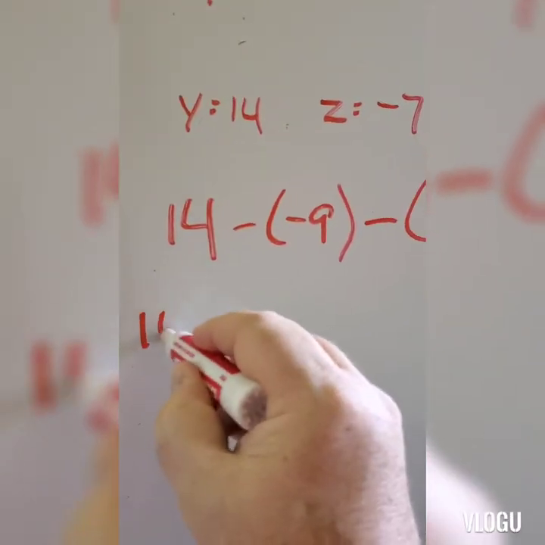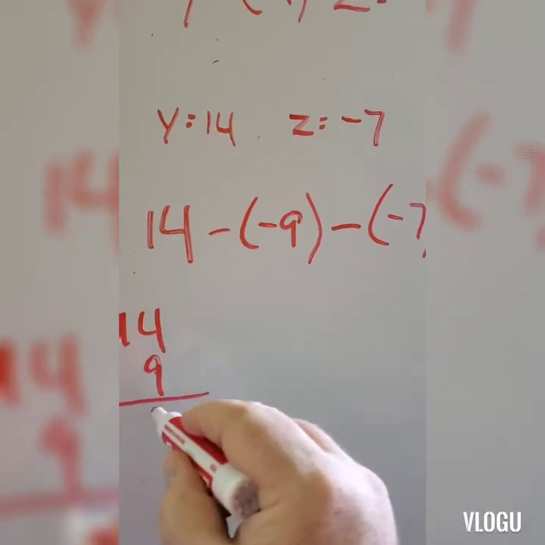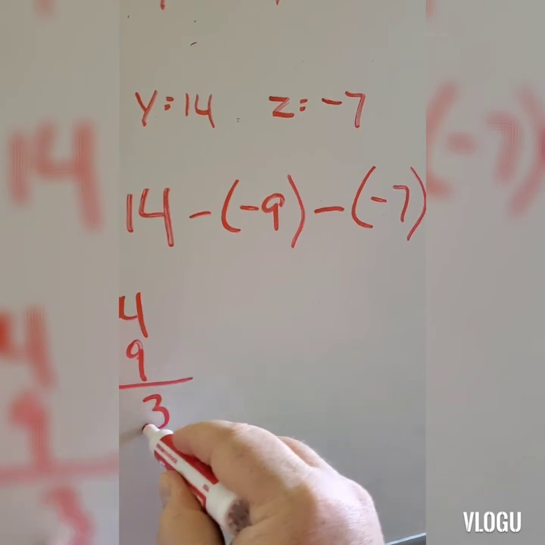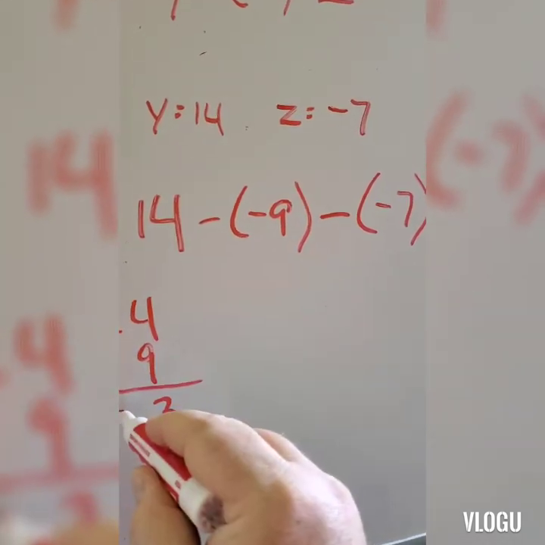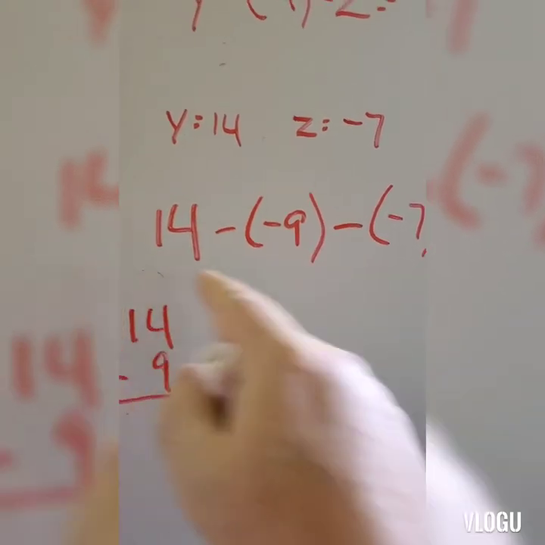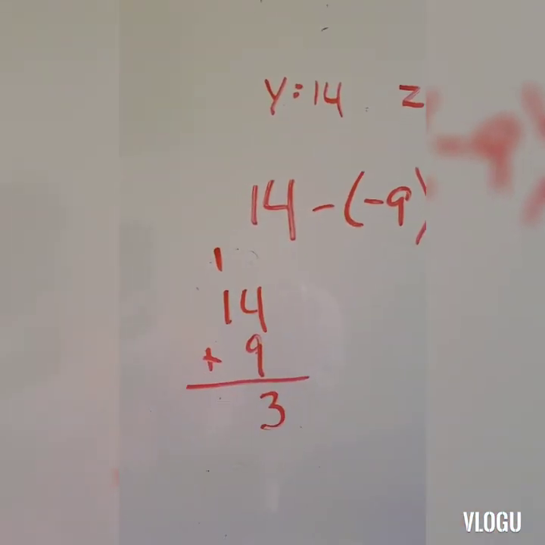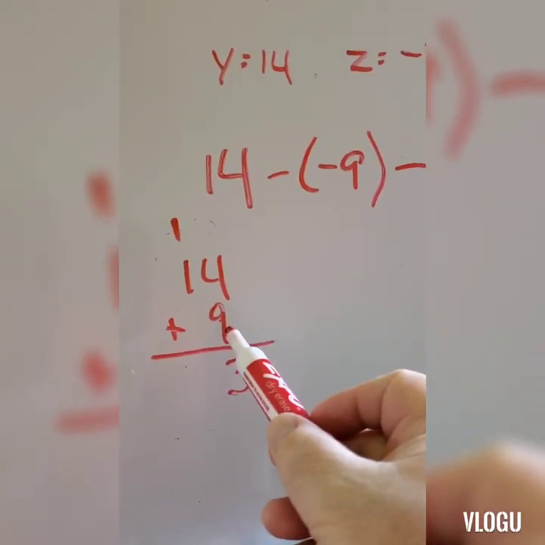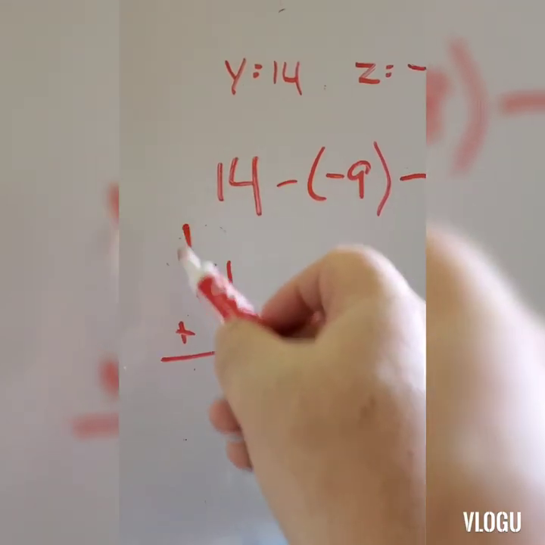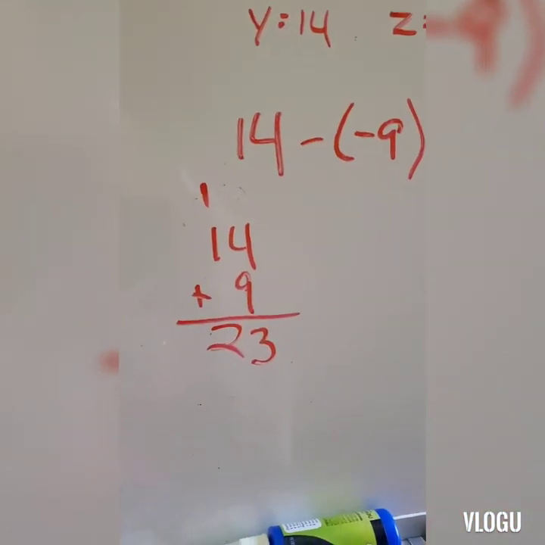I add. 9 plus 4, 13. 1 plus 1 is 2. So I'm at 23 right now.